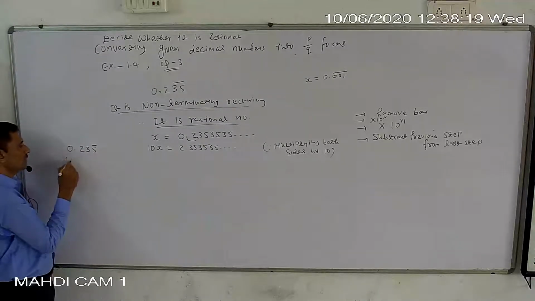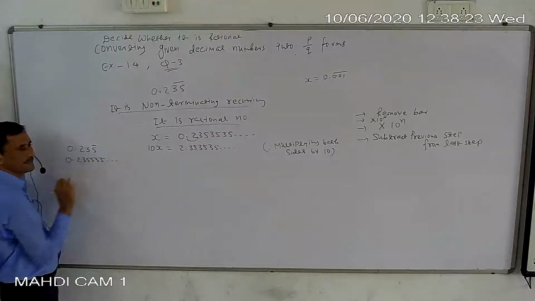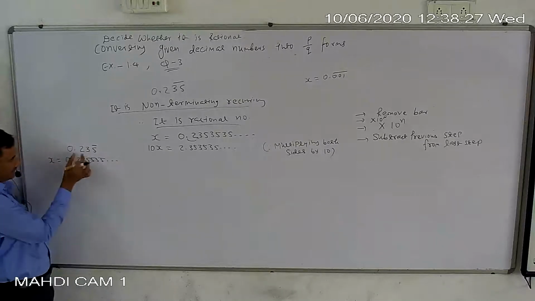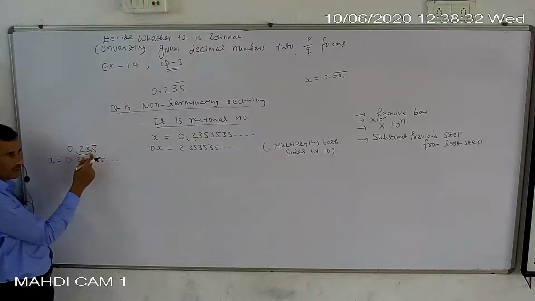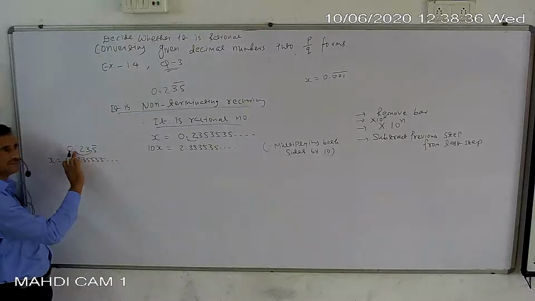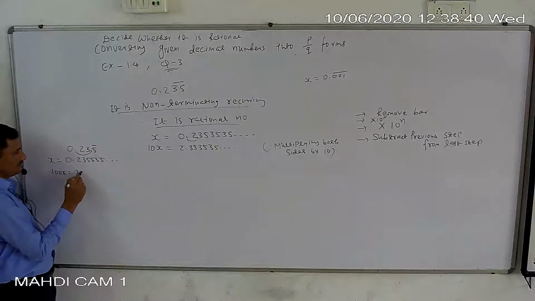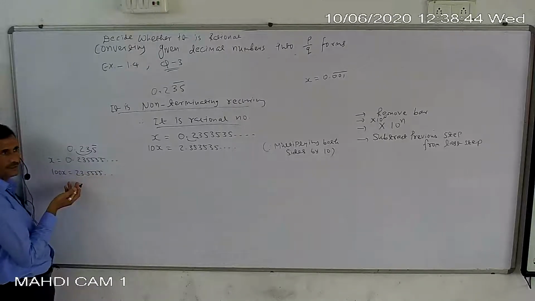Then, first of all, you have to write it this way, 0.235555 like this. Now you have to multiply both sides by 100. Why? The repeating digit is 2 places far from the decimal point. So first of all, multiply by 100 only. Okay, you understand it well?